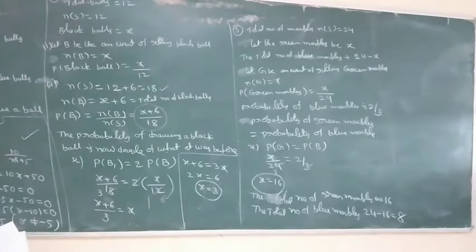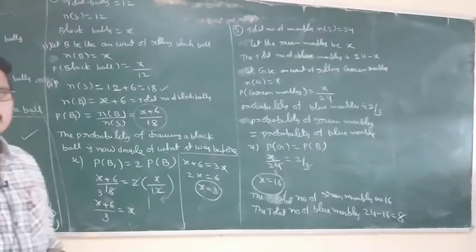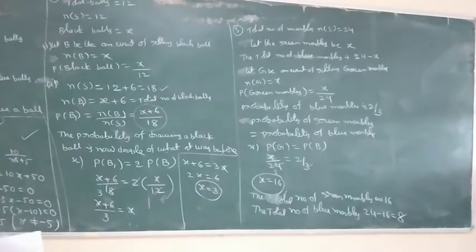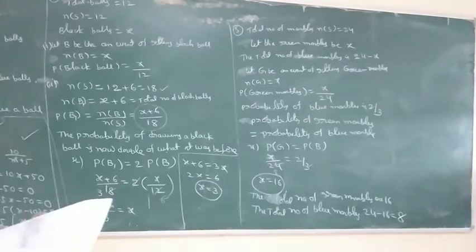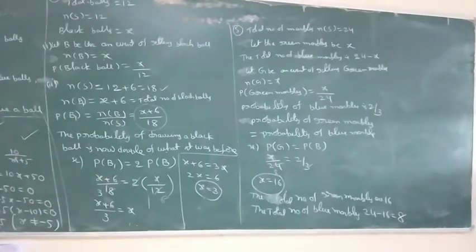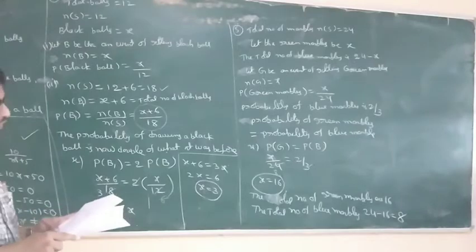So 100% probability, exercise 14.1 and 14.2 both are completed. Okay, clear?